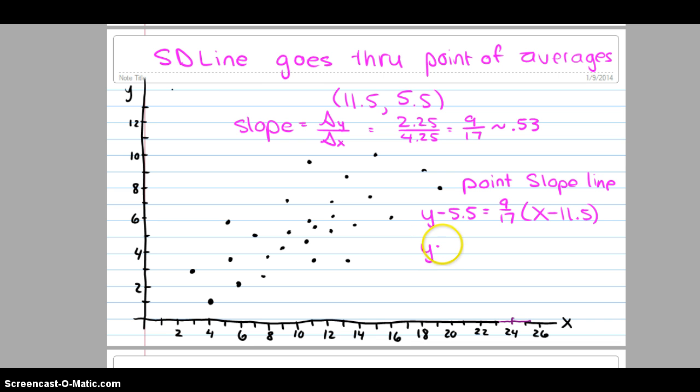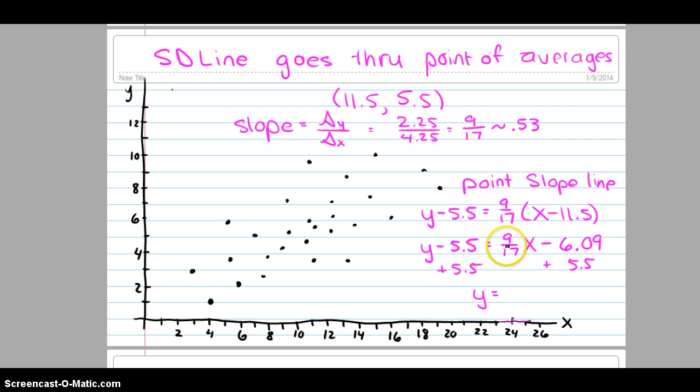If I distribute that 9/17 times 11.5 is 6.09. If I had rounded this first, it would have rounded to 6.10. And the more times I round and then use that decimal to multiply, the more my rounding is going to be off. Now I'm going to add the 5.5 to both sides.